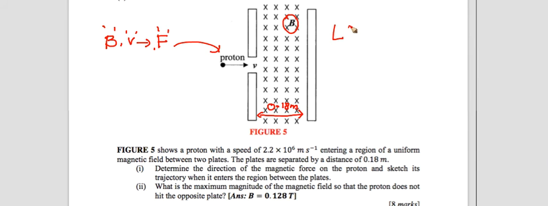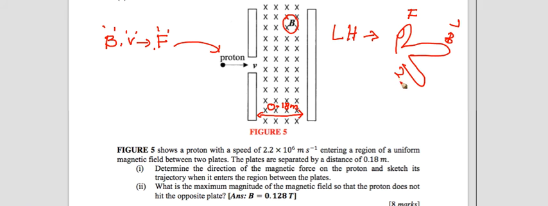left hand, the direction of your thumb is the direction of the force, the first finger is the direction of the magnetic field B, and the third finger is the direction of V, the speed of the proton.